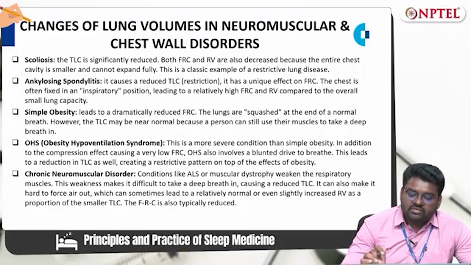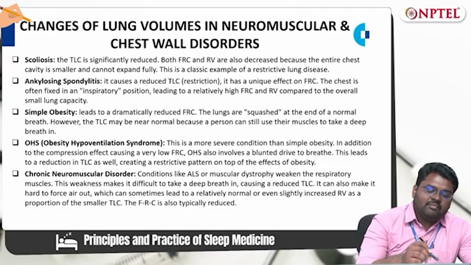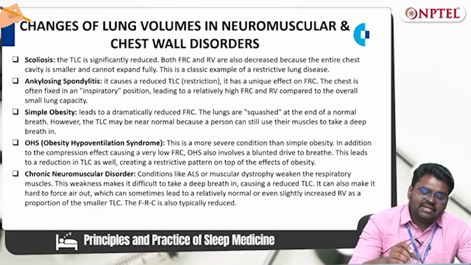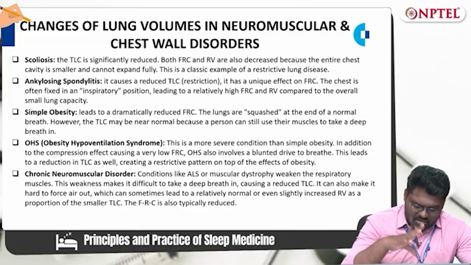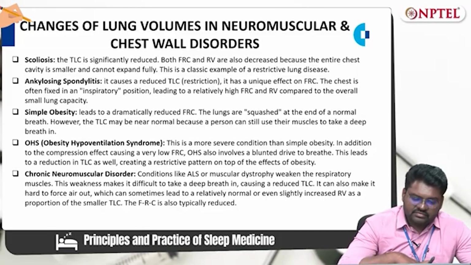Changes of lung volumes in neuromuscular and chest wall disorders. How are these lung volume parameters affected? What happens in scoliosis, ankylosing spondylitis, simple obesity, OHS and chronic neuromuscular conditions?